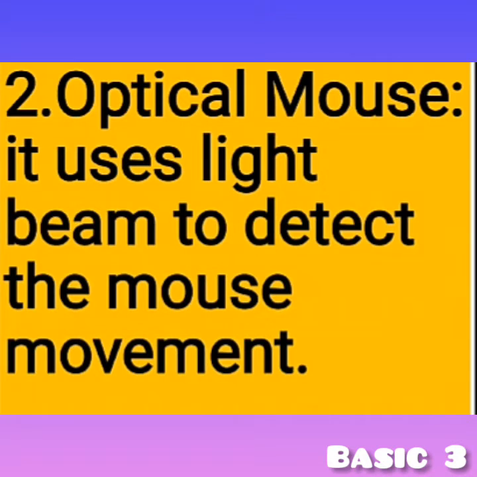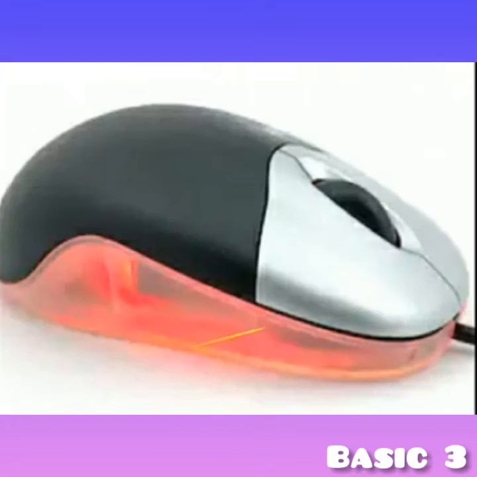Now let's look at the optical mouse. When we talk about the optical mouse, it uses a light beam to detect the mouse movement. And also it has two buttons, the left button and the right button.